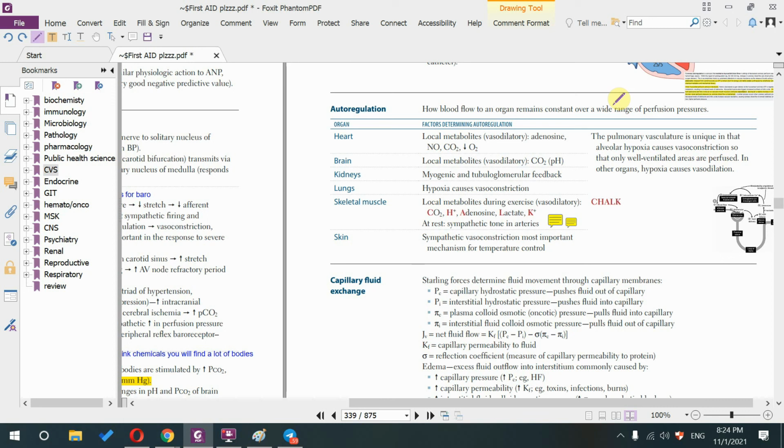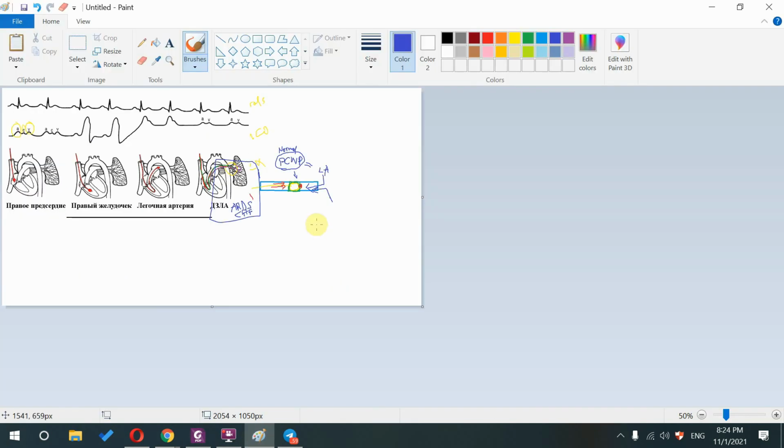So guys, do you know what ATP stands for? Adenosine triphosphate. If I remove one phosphate from it, it becomes ADP. If I remove one phosphate from it, it becomes AMP. If I remove one phosphate from it, what does it become?